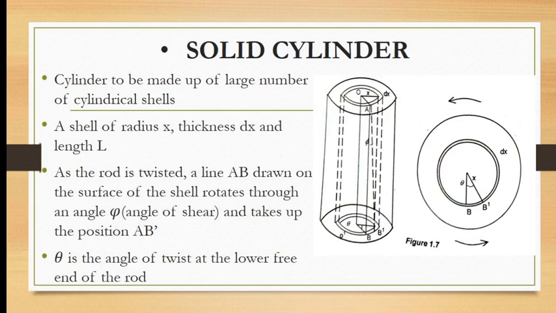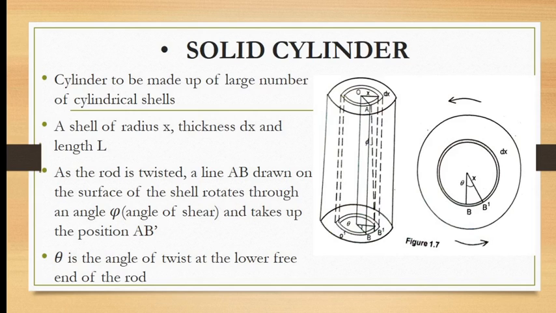Now as the rod is twisted, you can see a line AB drawn on the surface of the considered shell, and what happens when we rotate the shell at its lower end?